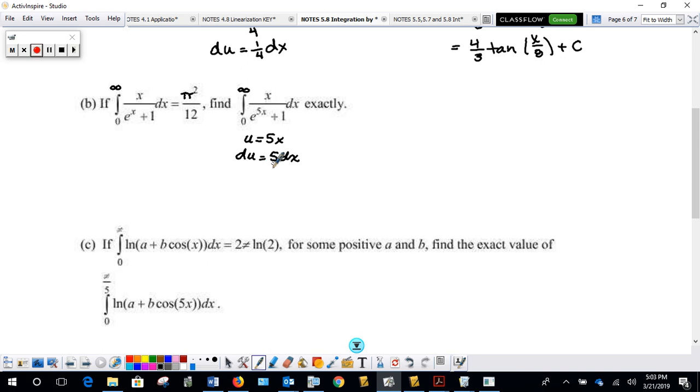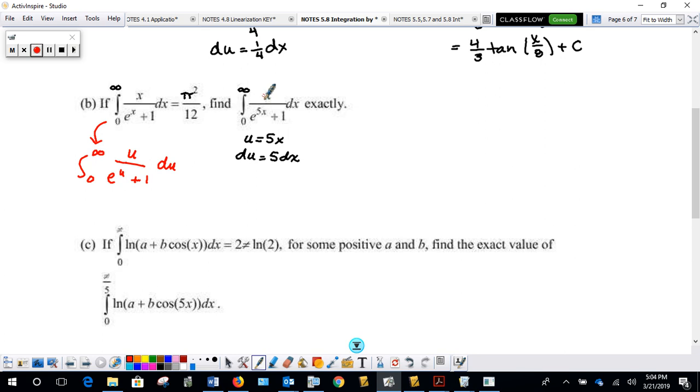Now you have to be careful here because there's going to be two places where you need a corrector. I'm going to need a corrector here because when you're looking at this, you have to get it into the form, I'll come down here, of 0 to infinity, u over e to the u plus 1, and then du. So if I can get this to look like this, then I can say the answer is pi squared over 12. Now, if I'm going to put a u here, this is that double substitution, or I need to put in a corrector here for the 5.